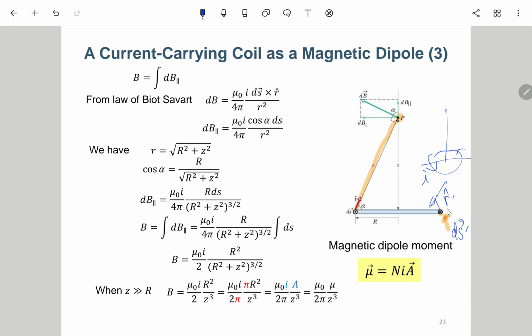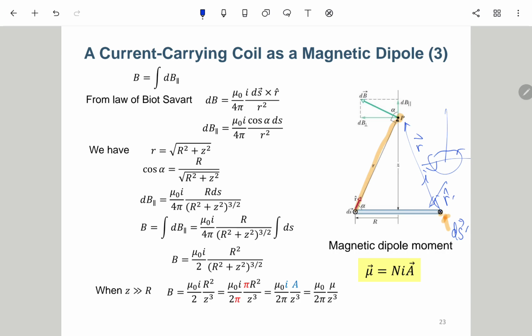So here we still have ds prime cross r prime hat. This ds prime is going into the page, and then we cross it to this top left direction. This is the r hat direction. This is actually the r.